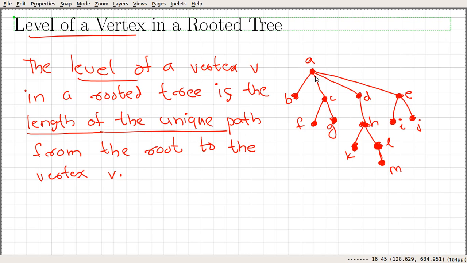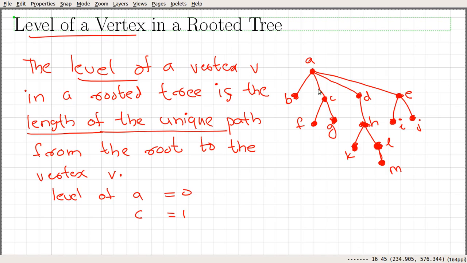So for example, the level of A is going to be 0 because the length of the unique path from A to A is 0. And the level of this vertex C is 1 because of the length of the unique path.